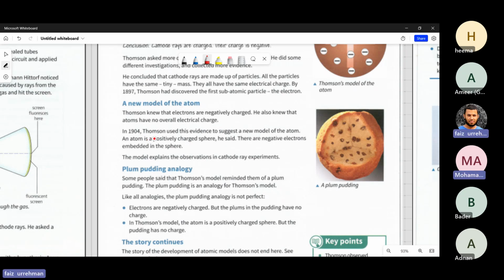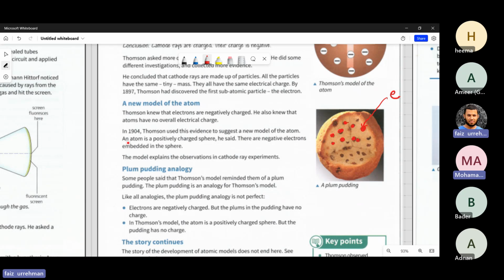So in 1904, Thomson used this as evidence to suggest a new model of the atom. An atom is a positively charged sphere. He said there are negative electrons embedded in the sphere. He's giving this example that the electrons are spread out like chocolate chips, and the atom is the pudding.